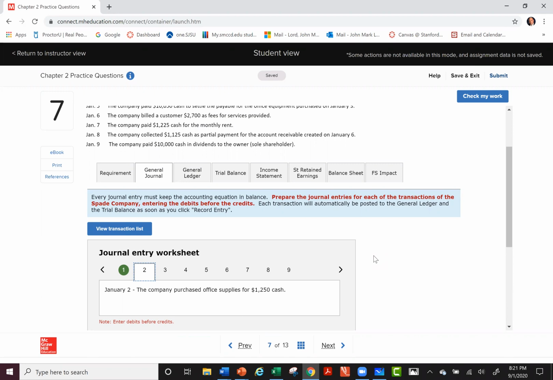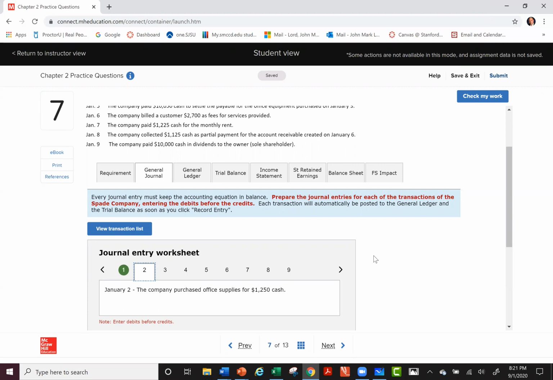The general ledger should show what 2 accounts now? I've only made an entry into 2 accounts, cash and common stock. So what 2 accounts should I see? Assets and stockholders equity. Okay, assets and stockholders equity are categories of accounts. I have a ledger for every single account.